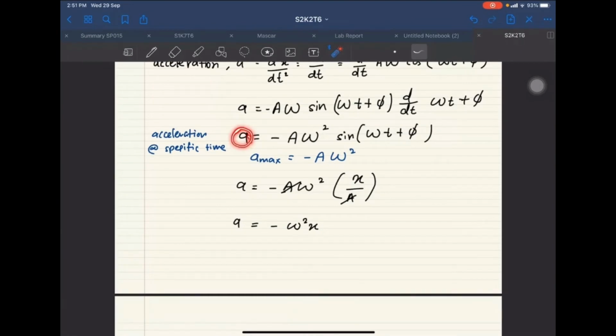Kiri ni akan jadi maximum value kalau belah kanan equation ni jadi maximum. Yang A dan omega ni tak berubah, so yang berubah hanyalah sine ni. So this value, if you press your calculator, dia memang tak akan lebih daripada 1. Minimum dia negative 1, maximum dia 1. So the numbers will vary from negative 1, 0 and then 1.